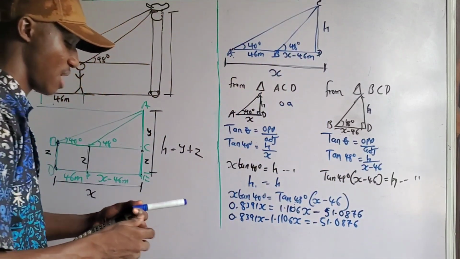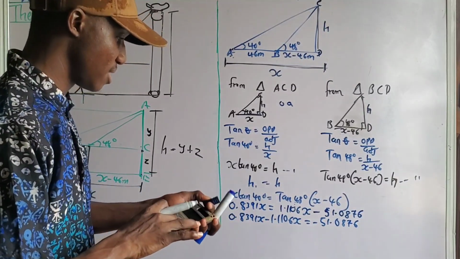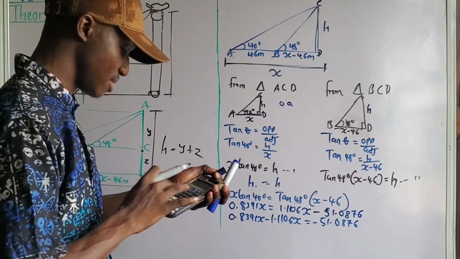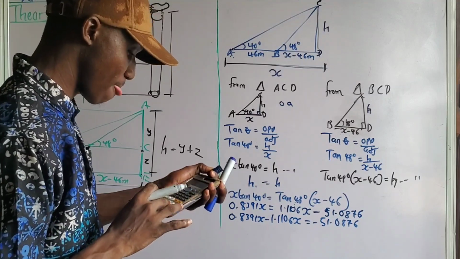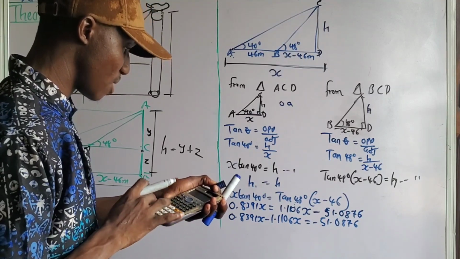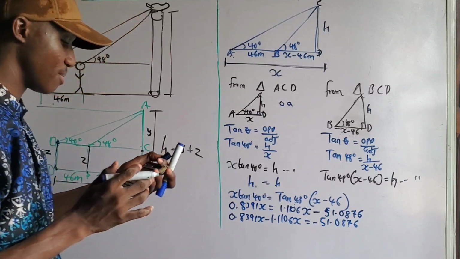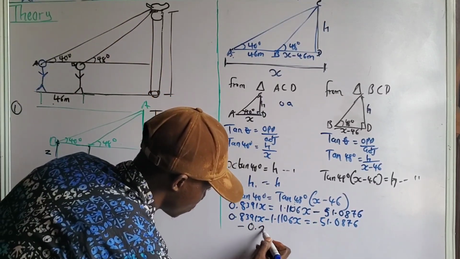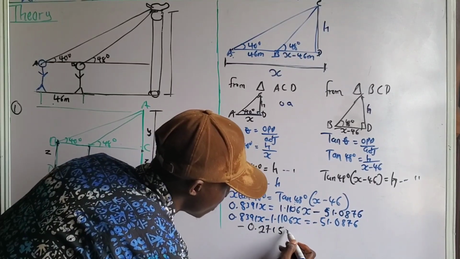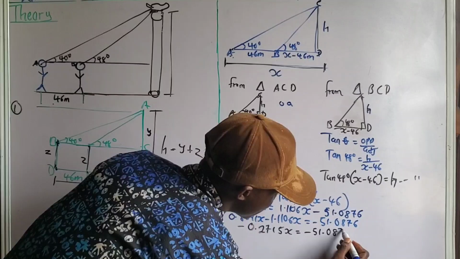Now take the difference between these two: 0.8391 minus 1.1106 is negative 0.2715, so negative 0.2715x equals minus 51.0876.